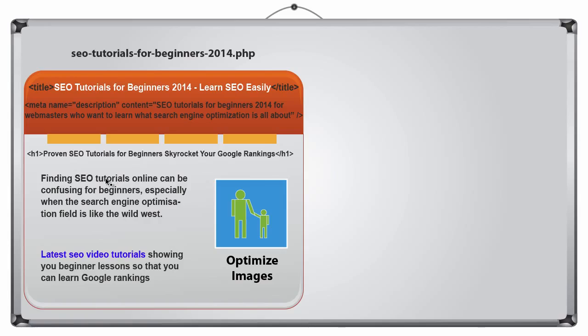Now, within your web copy, you need to include your keywords, okay? When you do so, you have to make sure that your web copy is sharp and communicates effectively one-on-one with your potential customers. Therefore, when you do your keyword research, you get to understand your potential customers, right?